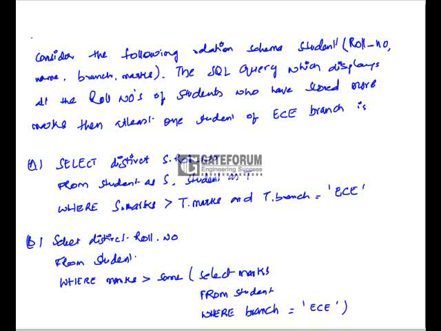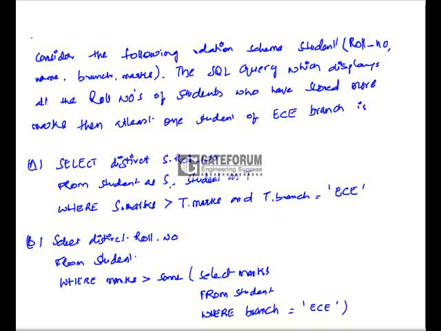And we have to find the SQL query which displays all the roll numbers of the students who have scored more marks than at least one of the students from ECE branch. So if you see option A, select distinct S.roll number from student as S and student as T, where S.marks is greater than T.marks and T.branch is equal to ECE.